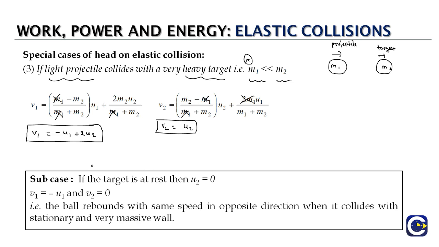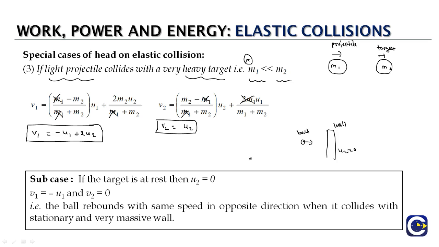Now we can look at a special case of this where the target is at rest, a situation where there is a wall or something very heavy and a ball is going and hitting the wall. So the value of U2 will be 0.